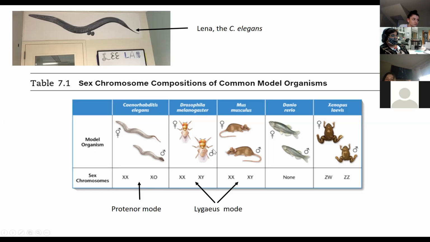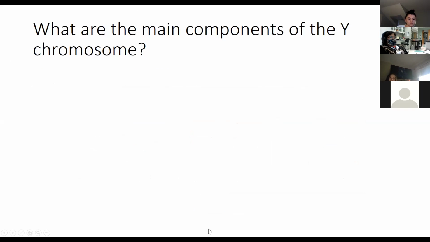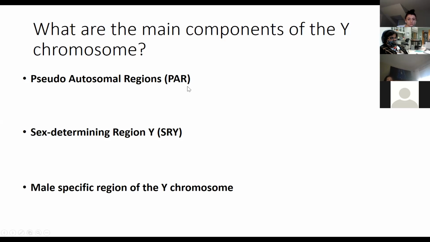Okay. Any questions about these different modes? Okay. So what are the main components of the Y chromosome? There are three parts that are crucial for the Y chromosome.